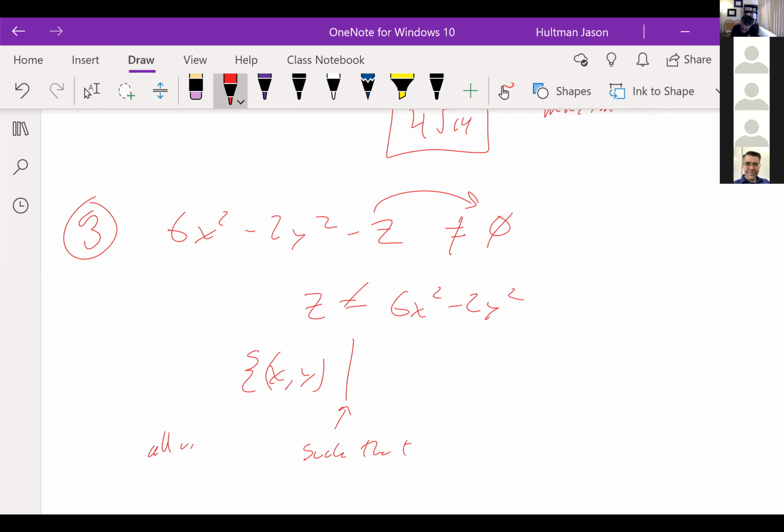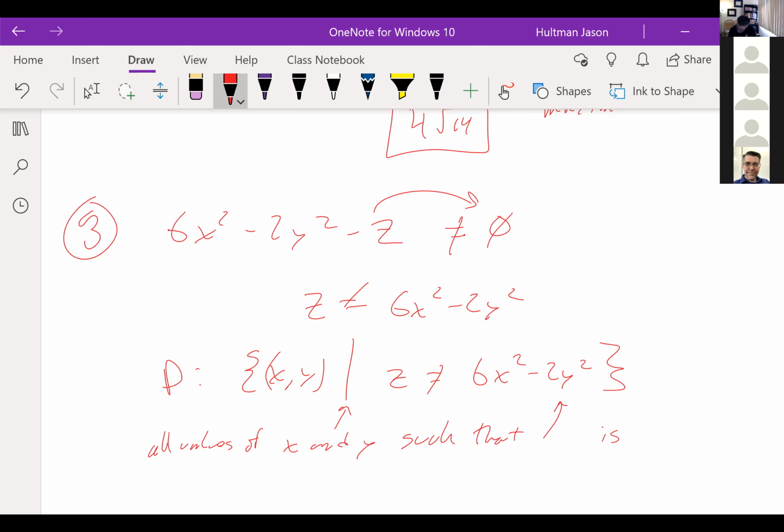All values of x and y such that z, or you could say f of x, y, is not equal to 6x squared minus 2y squared. Okay, that's true. That's the domain.